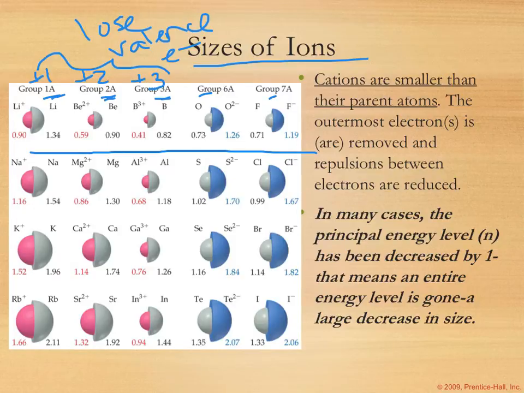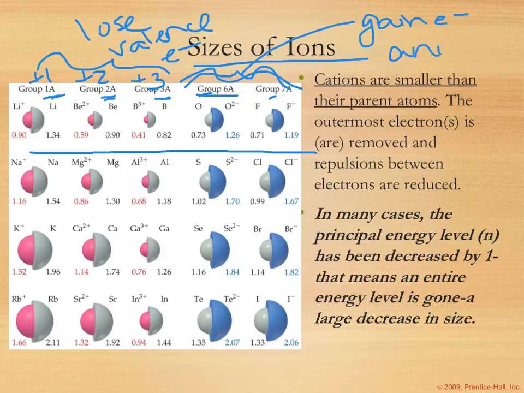And then the nonmetals, or the groups 5, 6, and 7, tend to gain electrons and become anions, or negatively charged. Okay, and the oxygen group takes on a charge of -2. The halogens take on a charge of -1 when they're ions.